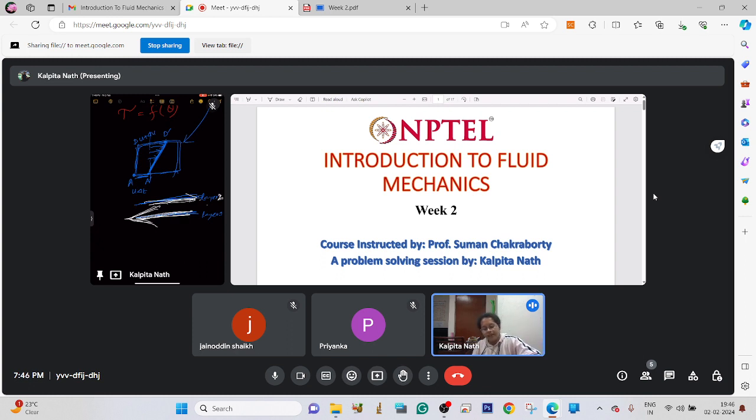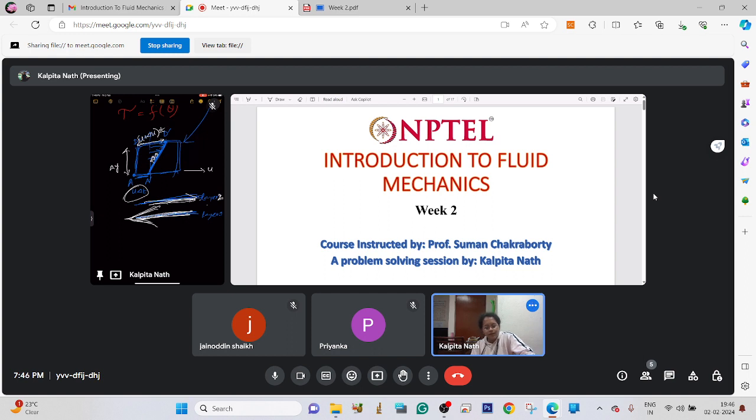So D dash will have higher velocity, and the distance is velocity into time. So u plus del u into del t, and this is u del t. We are taking this thickness to be delta y and this angle to be delta theta.